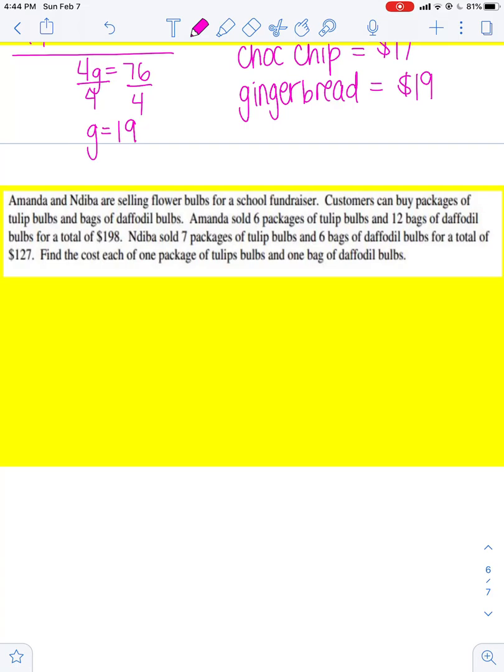So lastly, they are selling flower bulbs for a school fundraiser. They can buy packages of tulips and daffodils. She sold 6 packages of tulips and 12 of daffodils for $198. The other girl sold 7 packages of tulips and 6 bags of daffodils for $127. So we're gonna use T for tulip and D for daffodil.